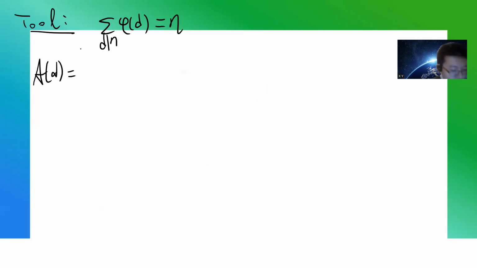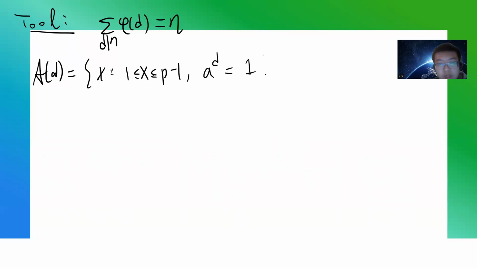Okay, so the tool is very weird, right? The tool is that in number theory, we know that the sum of phi(d), d a divisor of n, is just n. Okay, so we can define A of d to be the set of x, where x is from 1 to p minus 1, and x to the d is 1 mod p.